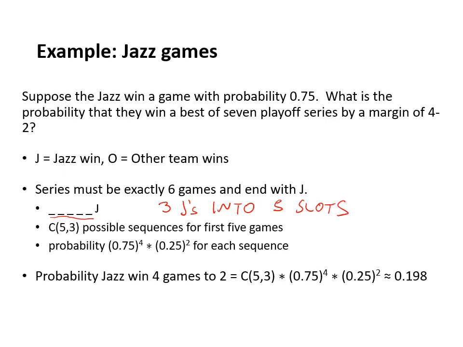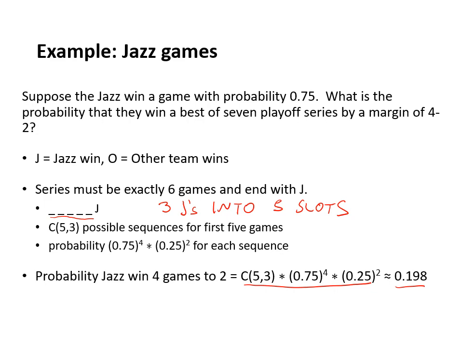And then the probability of each sequence is 0.75 to the power of 4 times 0.25 to the power of 2. Then the total probability of the Jazz winning 4 games to 2 is, if we plug it into our Bernoulli trials theorem, this expression, which evaluates to 0.198.